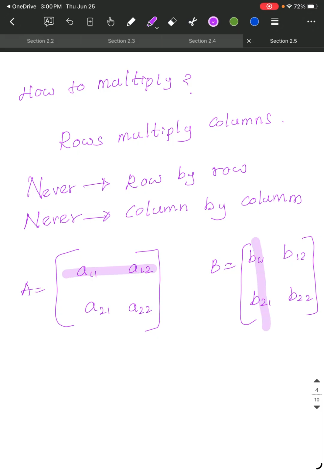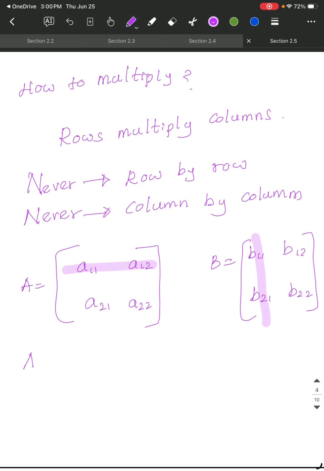The rows multiply by columns. That means for A times B, the first entry is A11 times B11 plus A12 times B21.